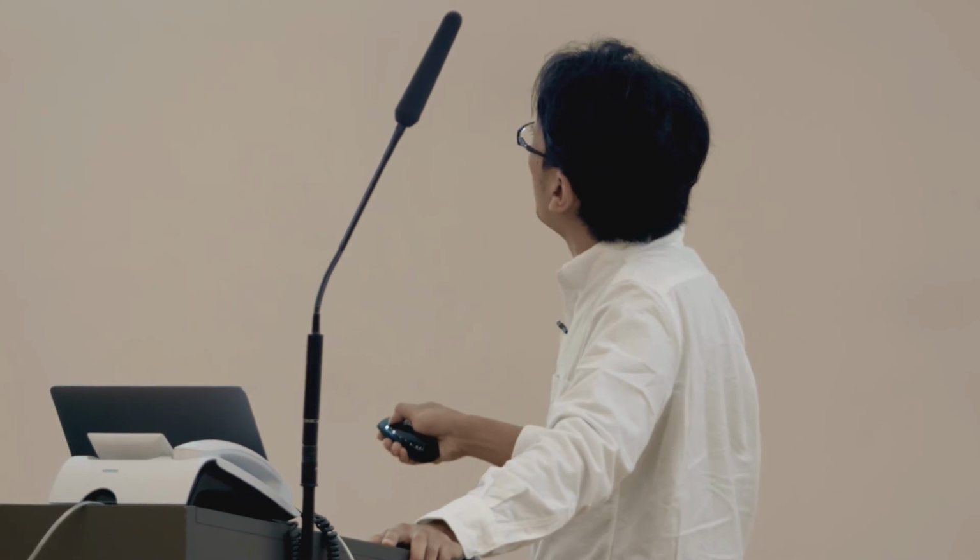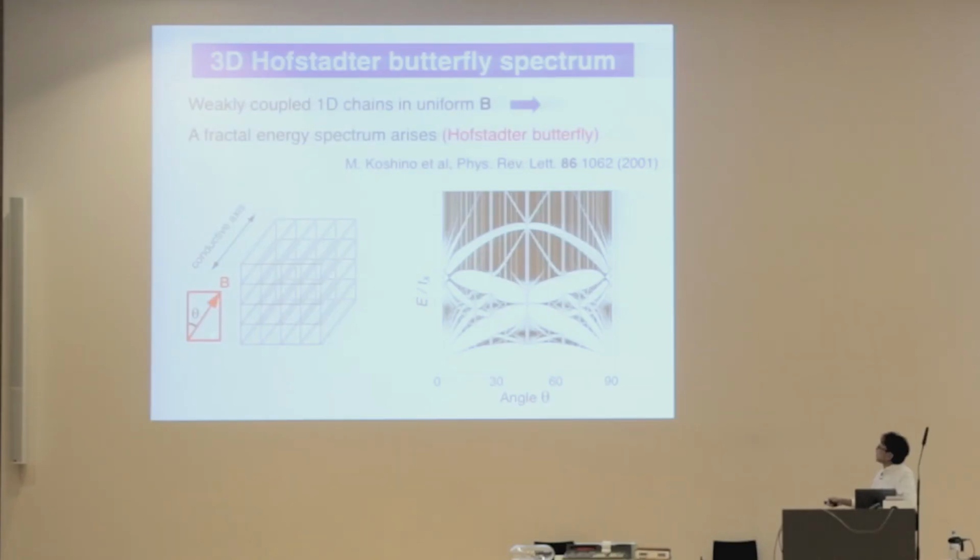But this is different because the magnetic field is not perpendicular to this plane, but parallel to the plane. Also, the biggest difference is the horizontal axis.